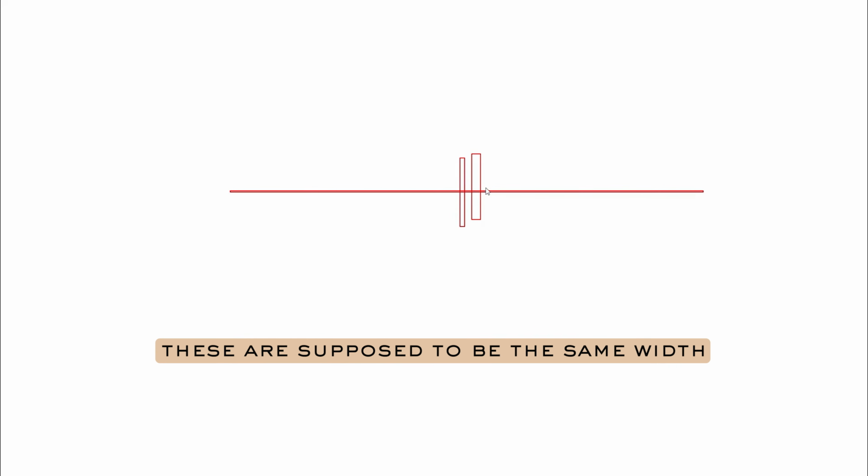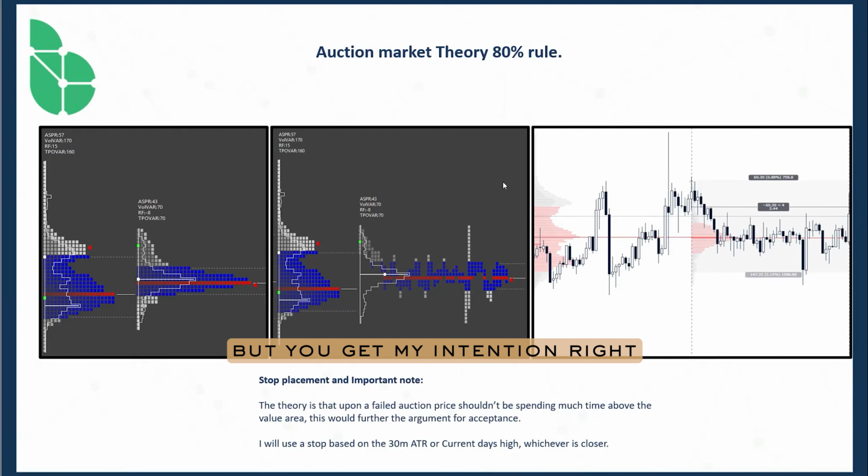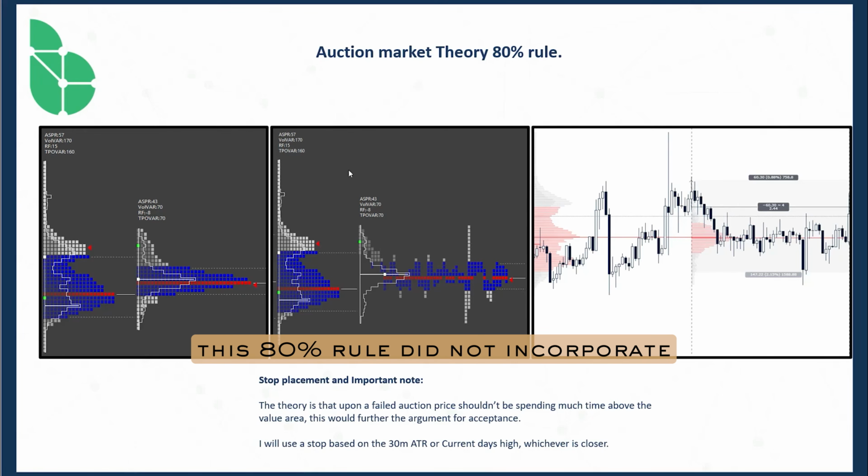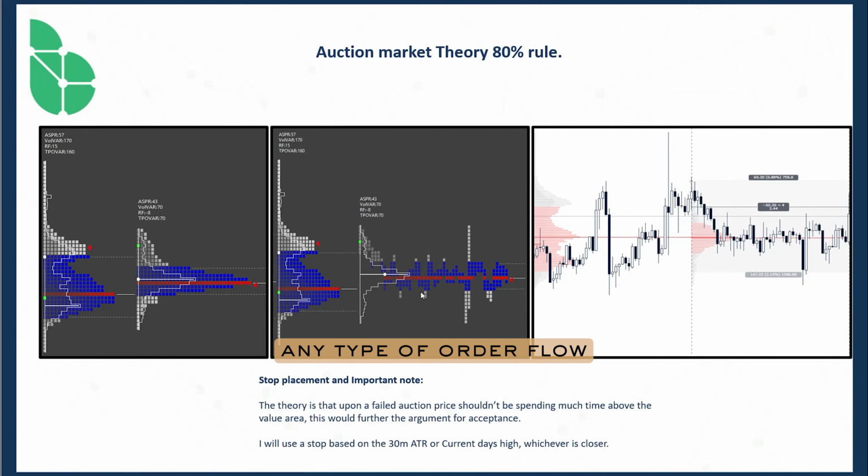Obviously, these are supposed to be the same width, but you get my intention, right? This alone, this 80% rule, did not incorporate any type of order flow analysis.